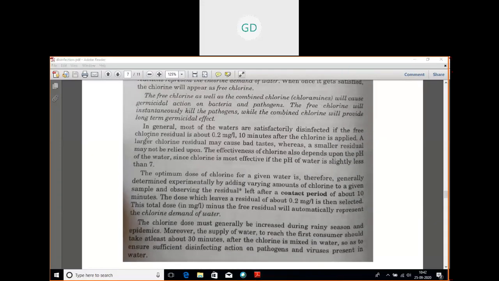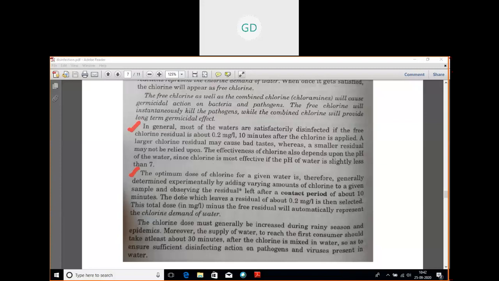The doses of chlorine, how much dose should be added to the water. You can read these lines. In general, most of the waters are satisfactorily disinfected if the free chlorine residual is about 0.2 milligram per liter 10 minutes after the chlorine is applied. A larger chlorine residual may cause bad taste, whereas a smaller residual may not be relied upon.